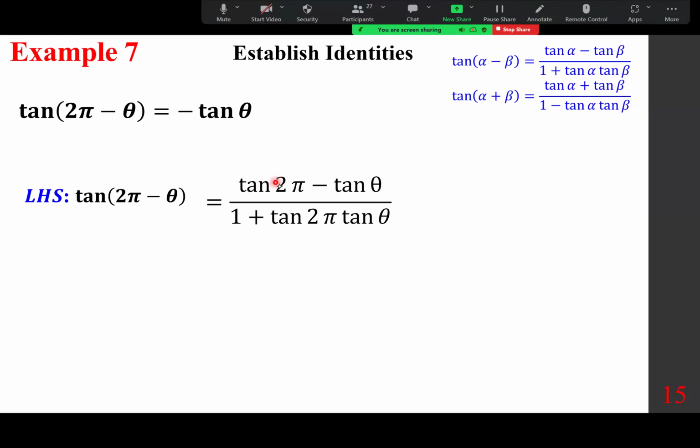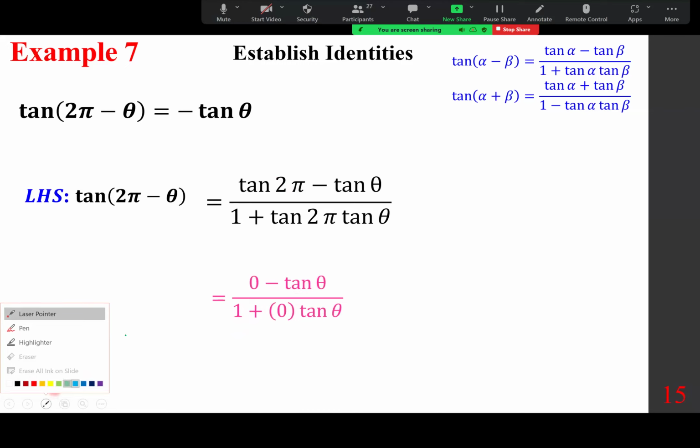Tan of 2 pi is 0. Replace it. So this becomes negative tangent theta, and this becomes 1. So minus tan theta, and that's the proof.